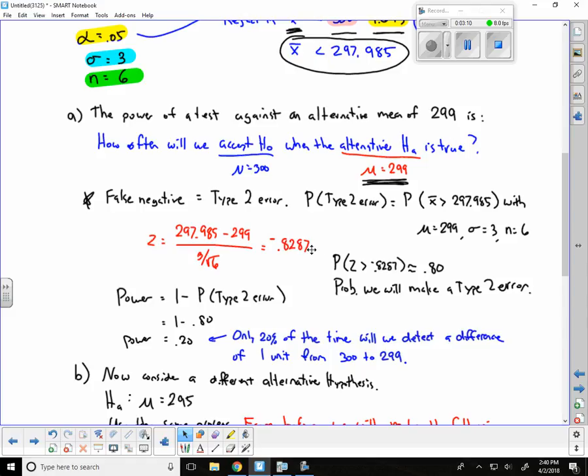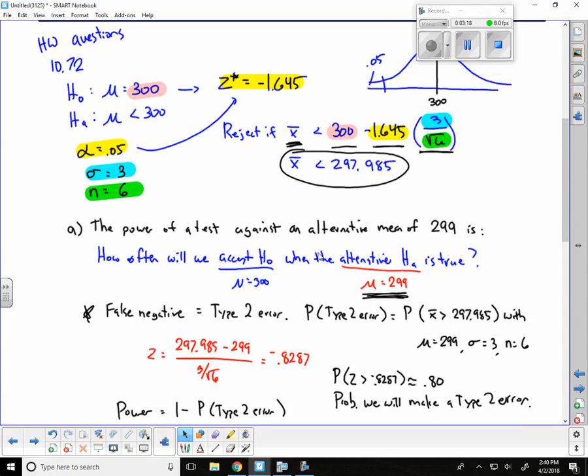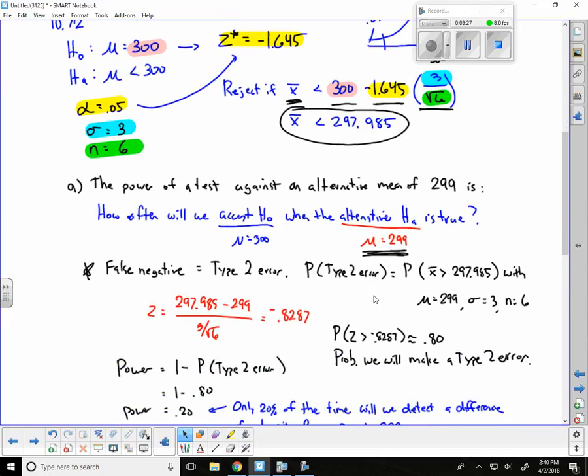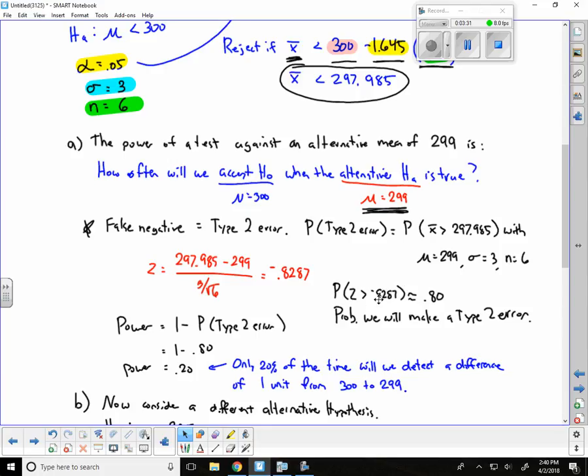And so now if we look at how often will you get a z-value below negative 0.8287 and how often above? Well, if it's above negative 0.8287, if it's up here, that's in our area where we're going to accept the null hypothesis. But remember, the null hypothesis was false. So the probability that it's greater than that is 80% of the time. So the probability we'll make a type 2 error is 80% of the time.